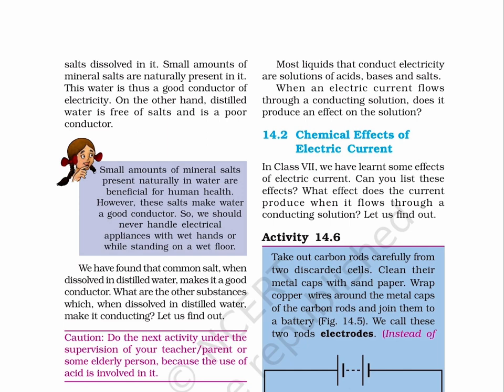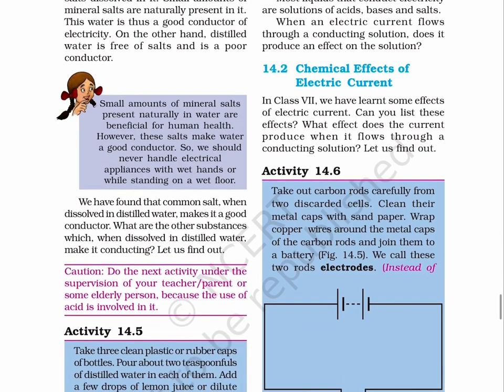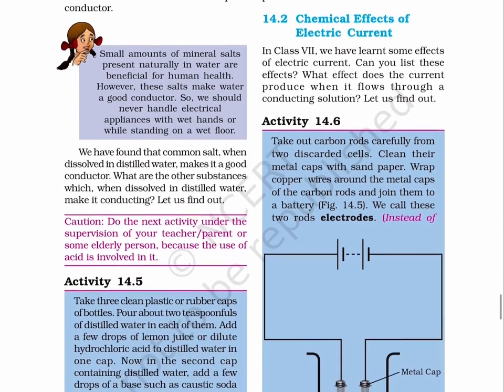Small amounts of mineral salts are naturally present in it. This water is thus a good conductor of electricity. On the other hand, distilled water is free of salts and is a poor conductor. Paheli says, small amounts of mineral salts present naturally in water are beneficial for human health.